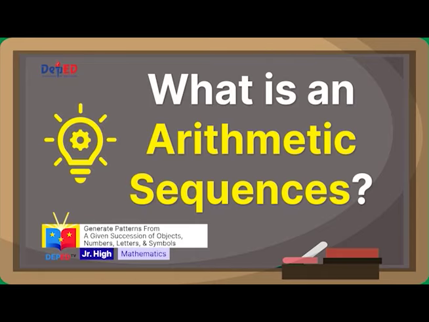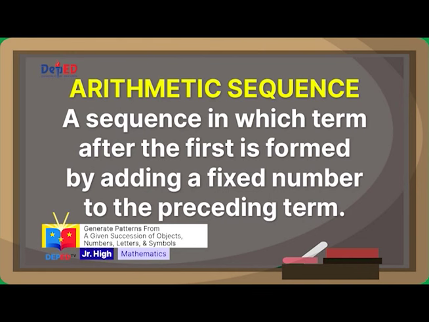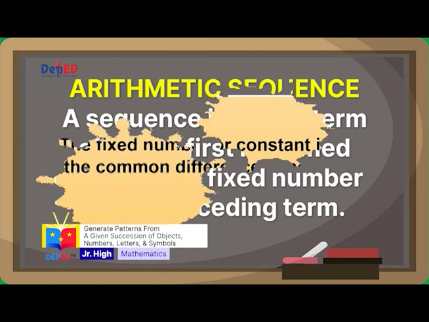So what exactly are arithmetic sequences? A sequence in which each term after the first is formed by adding a fixed number to the preceding term is called an arithmetic sequence.